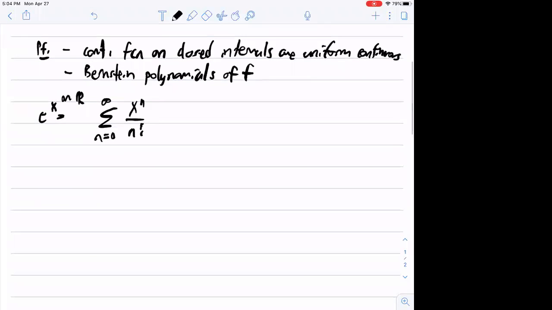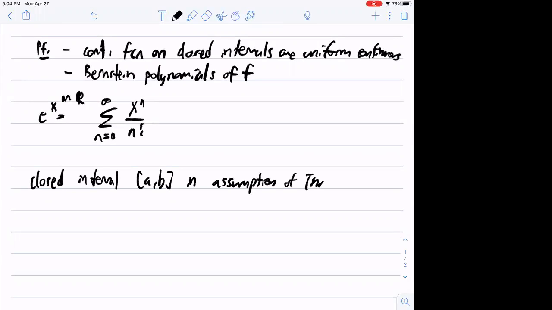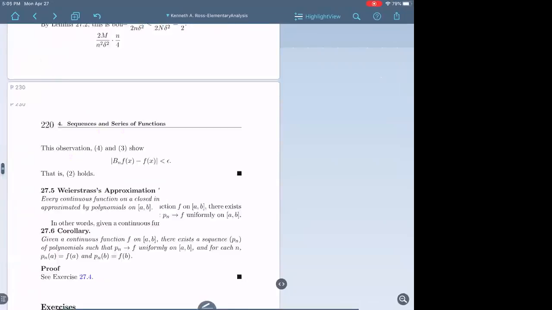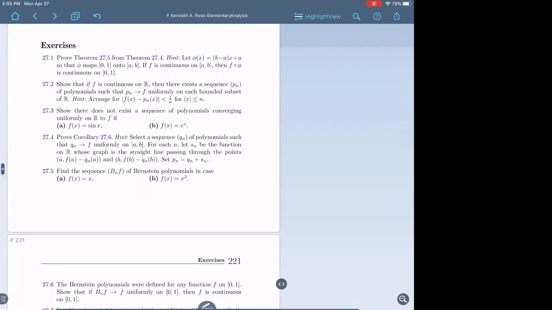But note that the closed interval [a,b] assumption of the theorem is needed. So I'll just do that one question which tells you what goes wrong. This is the Weierstrass section, so let's do 27.3.